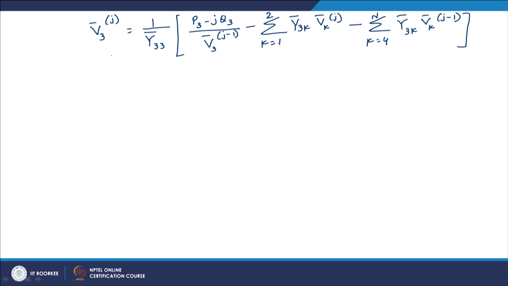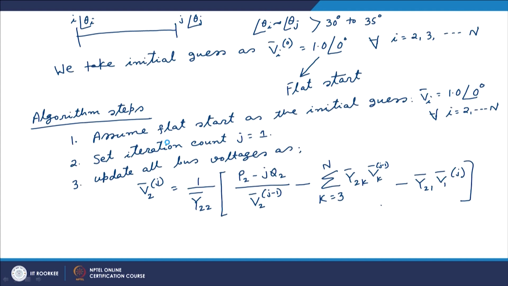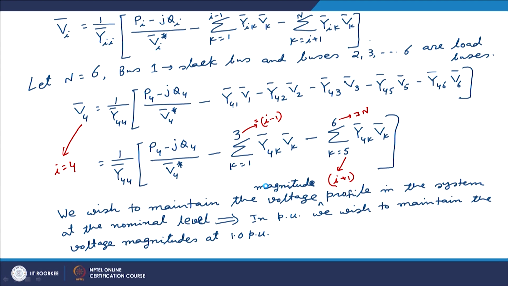So then like this, if we go for Vi at the jth iteration, we get 1 by Yii, Pi minus jQi over Vi star at j minus 1, since Vi we have not as yet solved. Here also it should be V2 star.